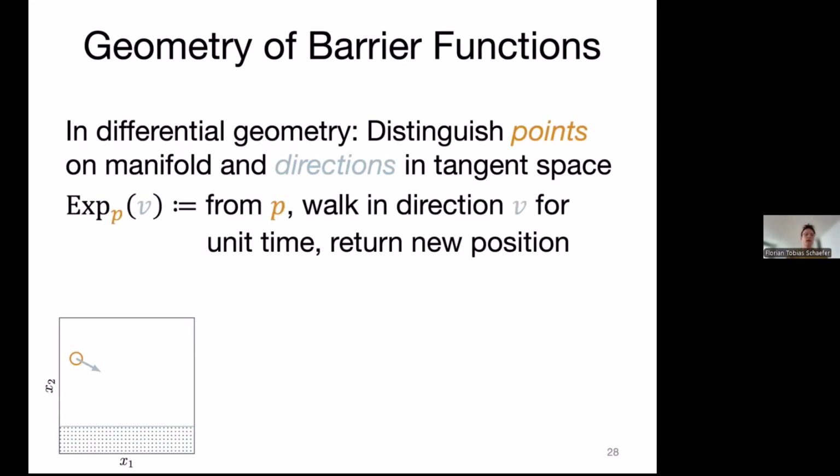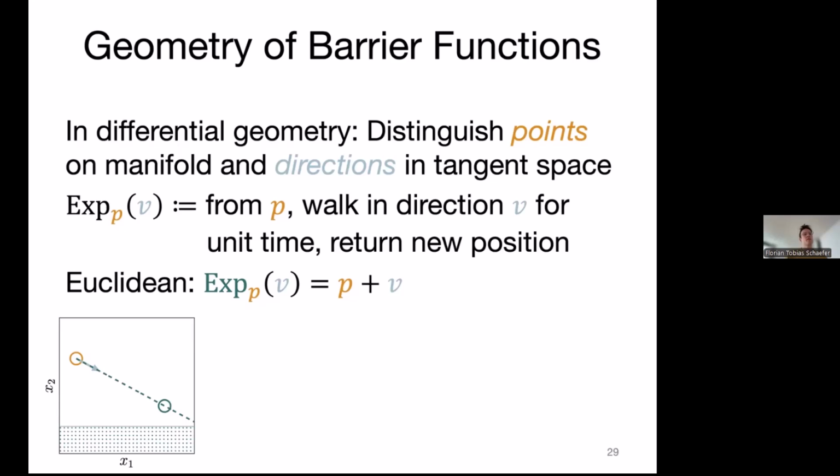And the key object that connects these two is the so-called exponential map, which basically takes in a point and a direction and gives you the point that you get from walking for a unit time interval in that direction from that point. Of course, the Euclidean exponential map is maybe not so interesting. You just add the vector that represents the point to the vector that represents the direction, and that gives you a new point.